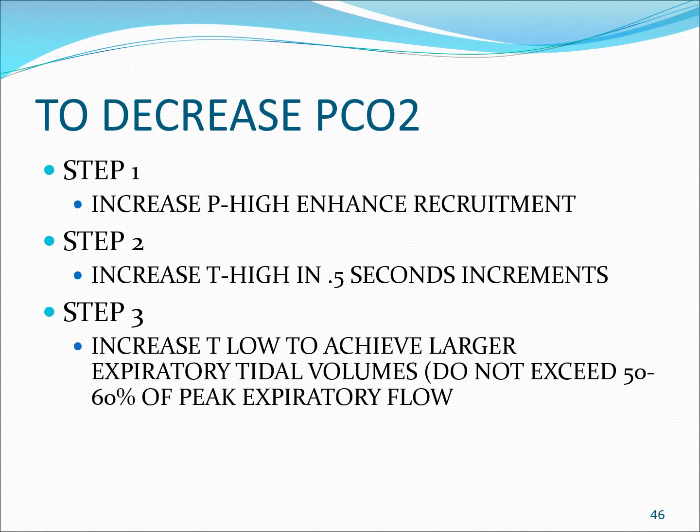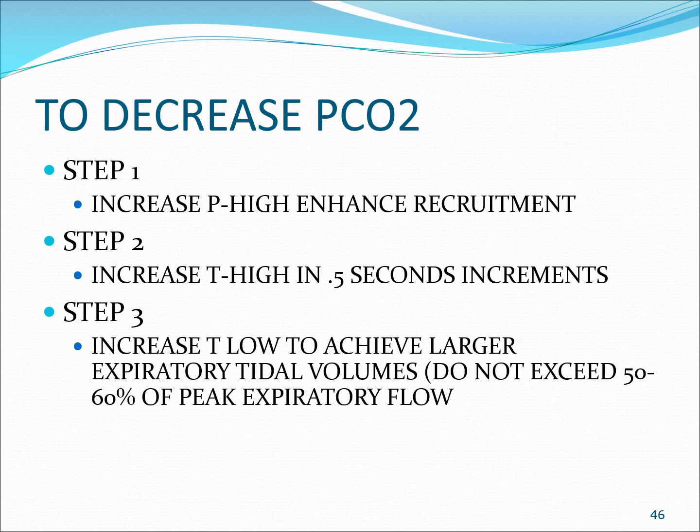So how do you decrease PCO2? You do a blood gas and the PCO2 is too high. There are 3 steps. Number 1, increase the P high to enhance recruitment. So again, you need to increase the P high by increments of 2. Step 2, you can increase the T high by 0.5 second increments and see what happens.